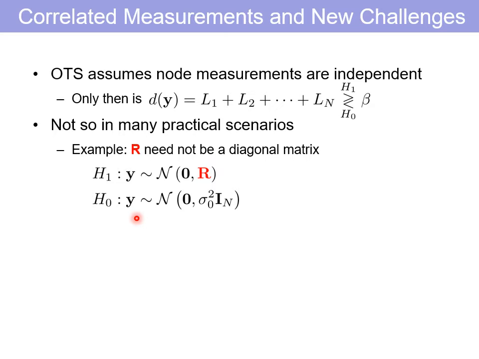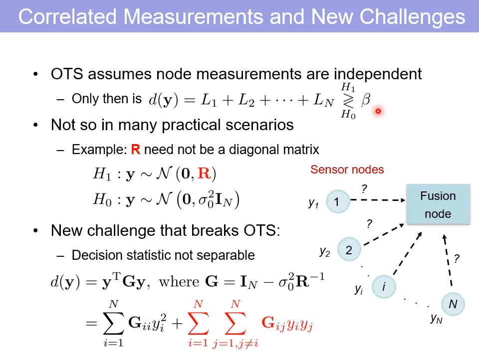In the design of the OTS scheme that I've discussed till now, it was assumed that the measurements are independent. And it is only when the measurements are independent, conditioned on the hypothesis, that the decision statistic becomes: add up all the LLRs and compare them to the threshold beta. Otherwise, this doesn't happen. When you have correlation, for this example, something else happens.